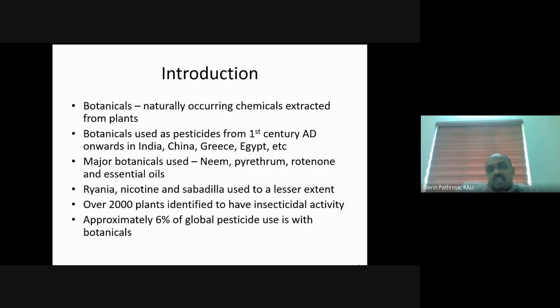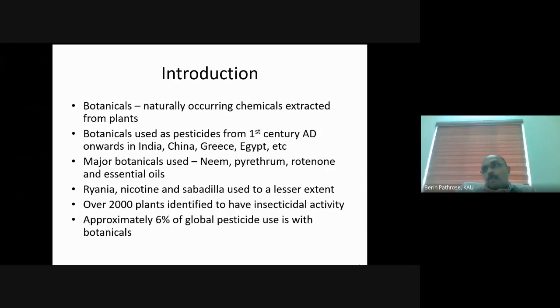So that's the way every plant has some secondary metabolite. Cucurbitacin, azadirachtin, all are secondary metabolites, meaning any chemical produced by the plant system itself. These secondary metabolites have one or the other properties against insects.